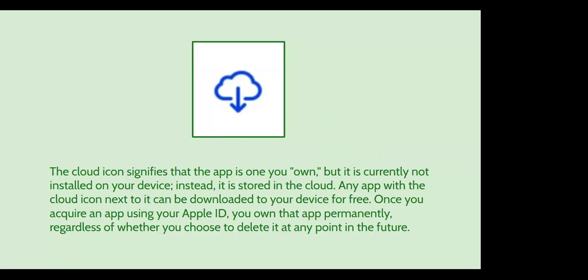Any app with the cloud icon next to it can be downloaded again for free onto your device from the cloud instead of from the App Store. That's what it means. Once you acquire an application using your Apple ID, you own that application permanently. Even though you uninstalled the application, the information of that application will be removed from the physical device, but will still be available in the cloud.